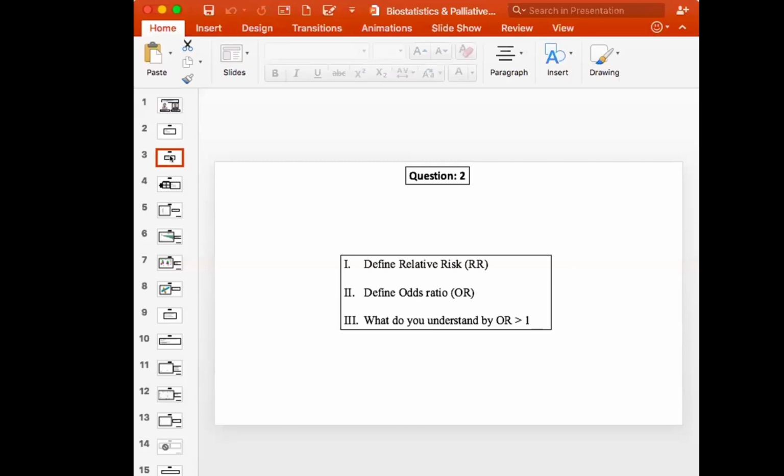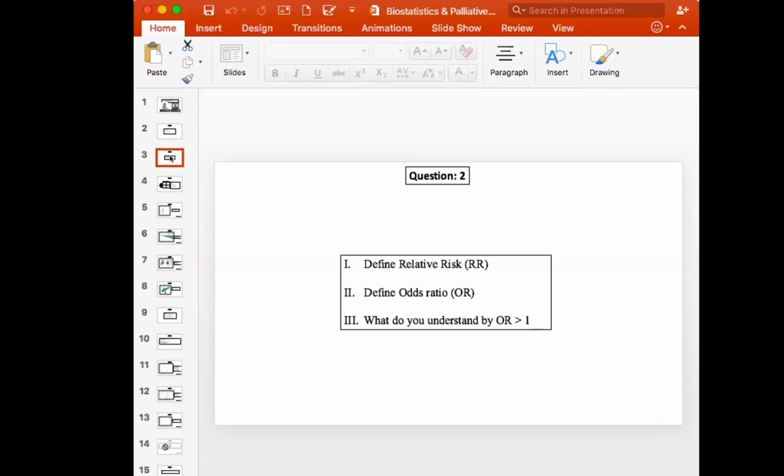What if there is an odds ratio of more than 1? What does it signify? We calculate the odds ratio in a case control study, and if it is more than 1, it means there is an increased risk of the outcome in the exposed group than the non-exposed group. Okay. Is there any other name for the odds ratio? Cross product ratio, sir. Yes, it's a cross product ratio.